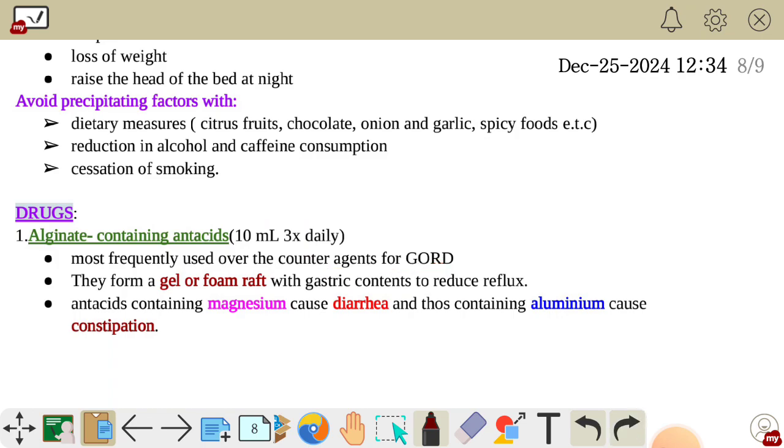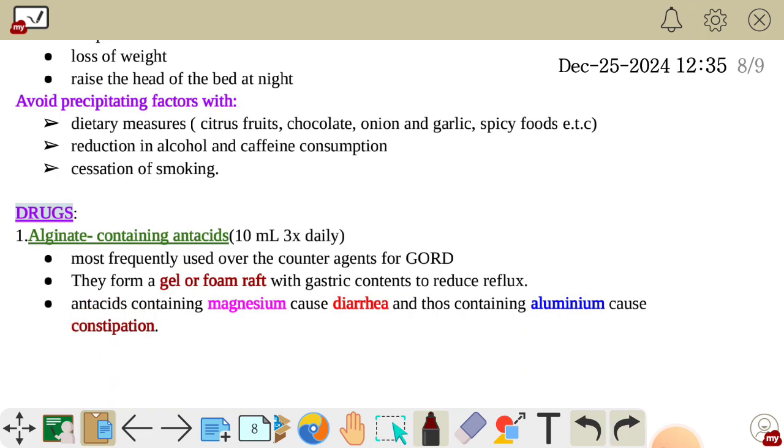These alginate antacids form a gel or a foam raft with the gastric content, which will hold most of the gastric contents to prevent the reflux. The antacids which contain magnesium mostly cause diarrhea, so you must take note of that. And those which contain aluminium, in most cases cause constipation.